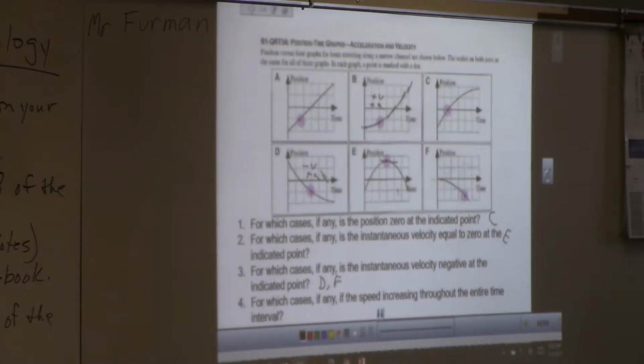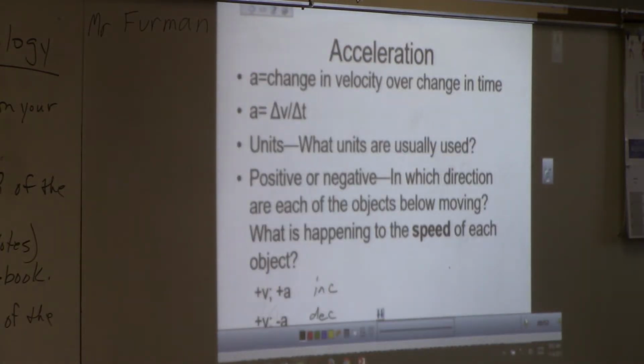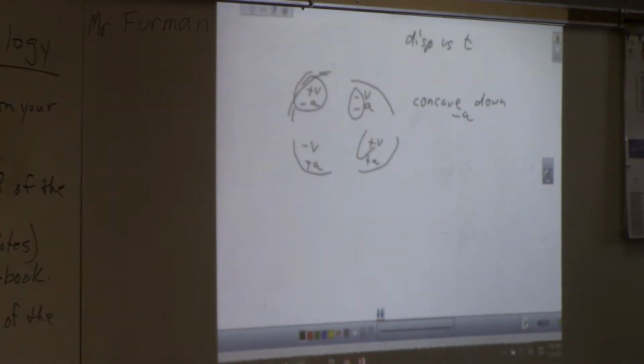So if we go back 2 slides. We're looking for where the speed is increasing throughout the entire time. So if they have the same sign, then the speed is increasing.